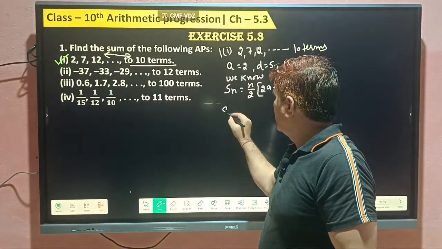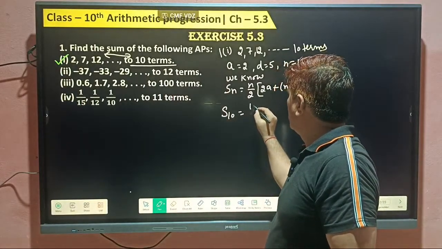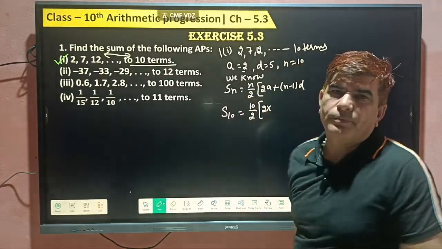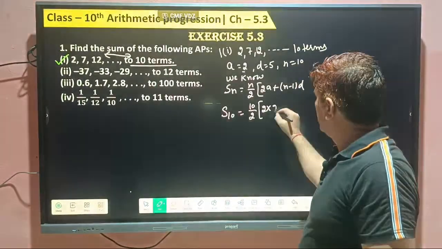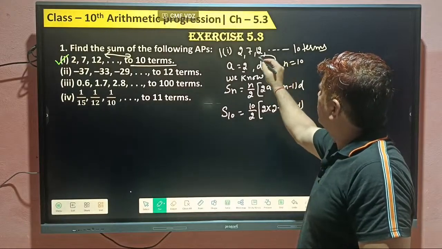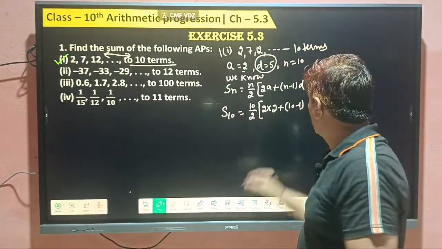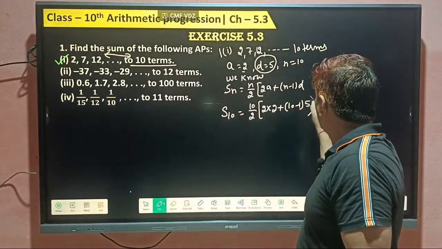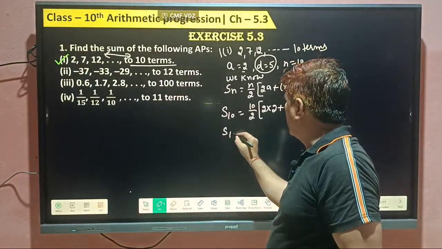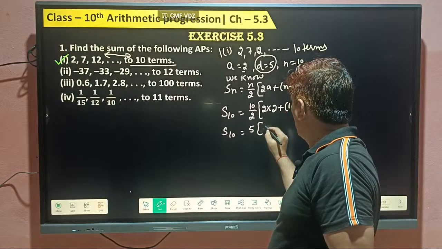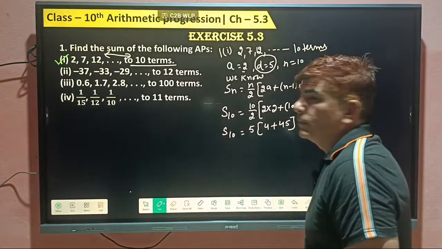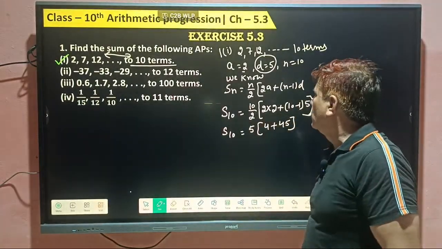So S10 equals 10 by 2 into 2a, and a is 2, plus 10 minus 1, and d is 5 here. After this, the remaining calculation. S10 equals 5 into 4 plus 9 into 5, which is 45. 10 minus 1 is 9, 9 fives are 45.